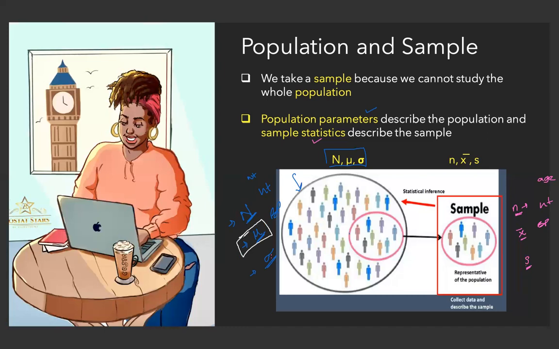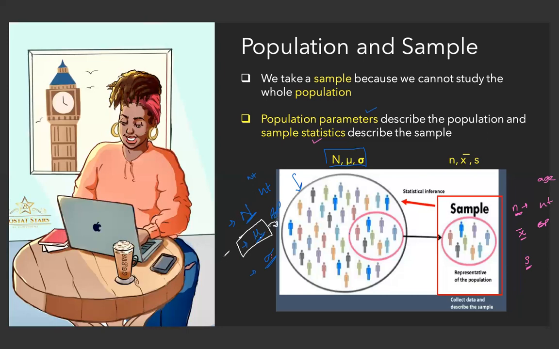For example, we could want to find out what is the average life expectancy in Qatar? What is the average age in Qatar? So we usually are interested to find out a particular average about a population.